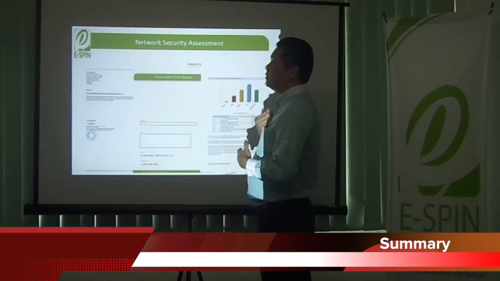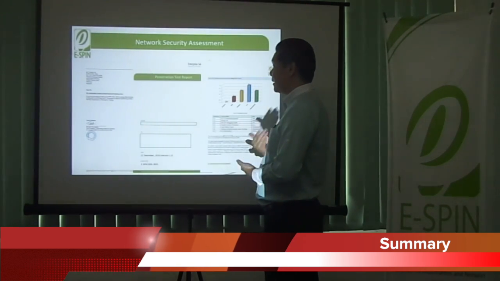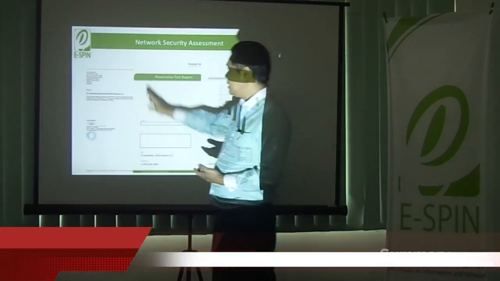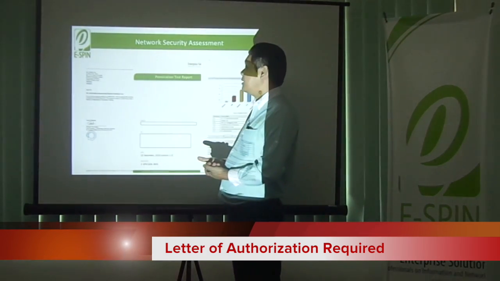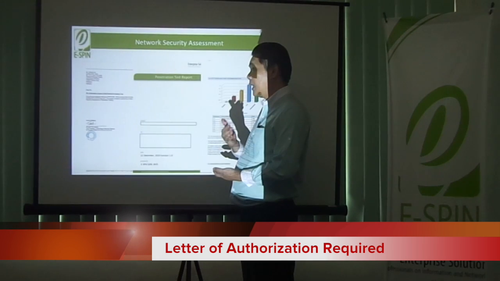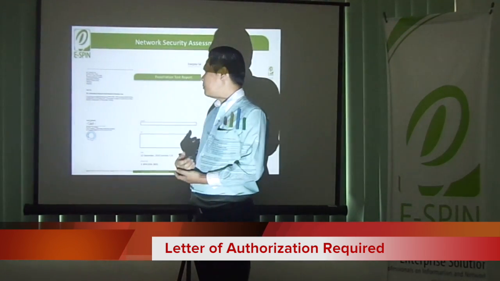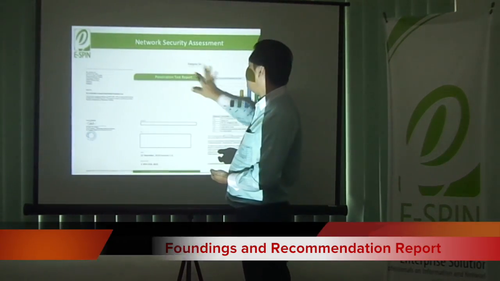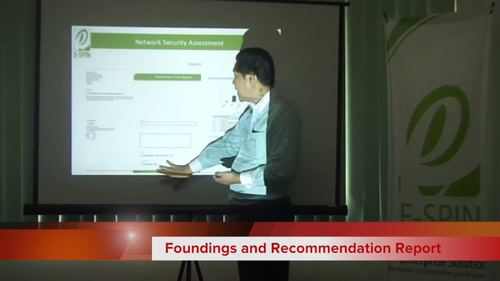For a quick and visual understanding, in summary, from the time of engagement of the service, first things first, we need a letter of authorization giving us specific permission on which day and what time ESP is allowed to perform the services. Then, from the survey, usually comes the penetration testing report.